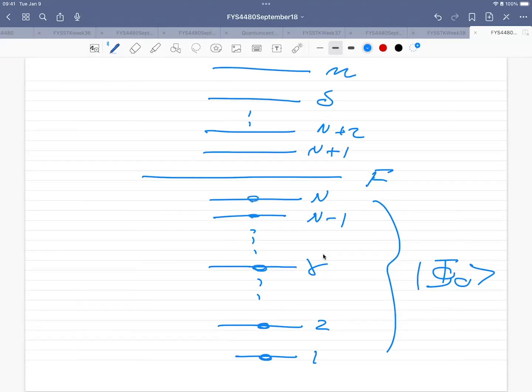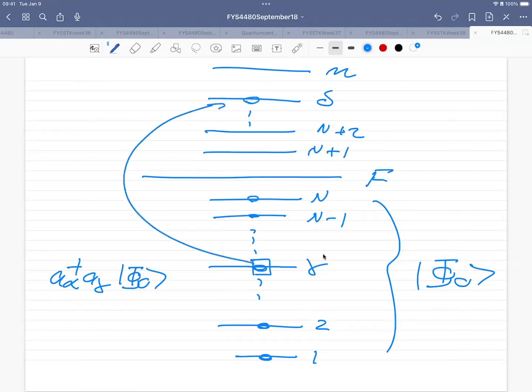But then what we are doing now is that, through that operation, this A delta dagger, A gamma, phi 0, we are now removing a state here. So I'm just going to put this as an open slot. And we are just bringing it up to delta. So we leave a hole here, and we create a state above the Fermi level.